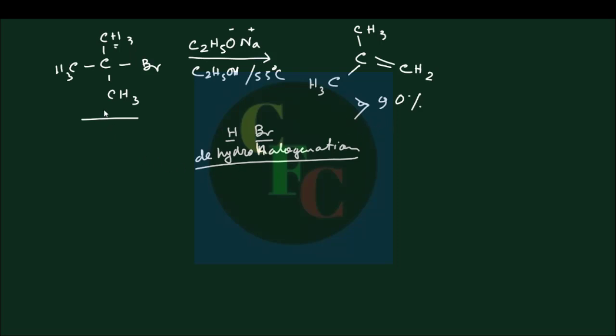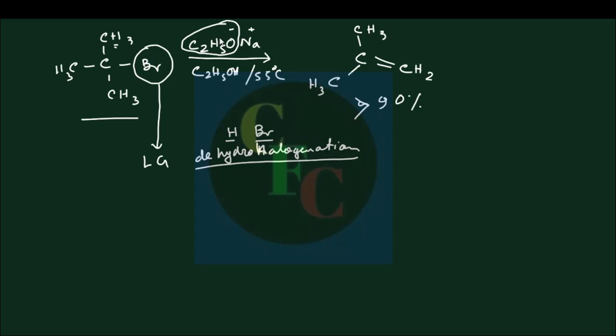Now let us see what a general reaction looks like. As in the substitution reaction, here also we have a leaving group, and we have a base here, same as the substitution reaction.